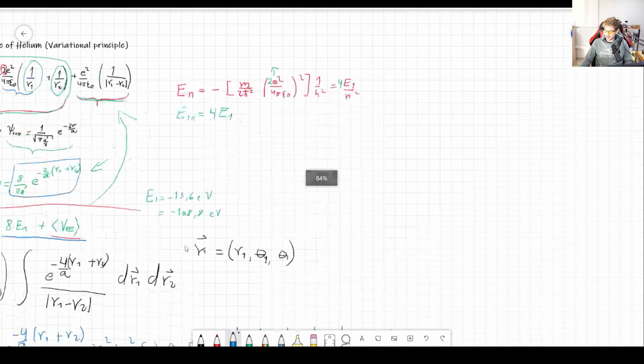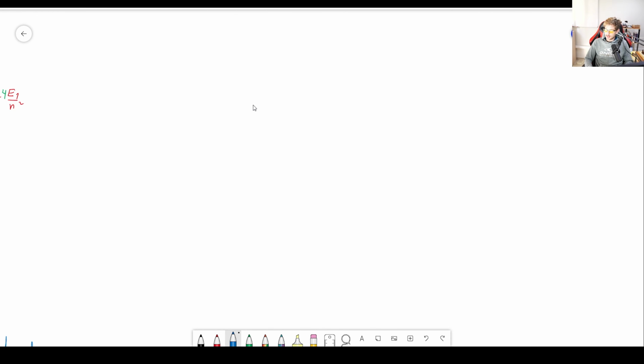Actually, I'm going to go to the side. So the theoretical value for helium, this is minus 79 electron volts.